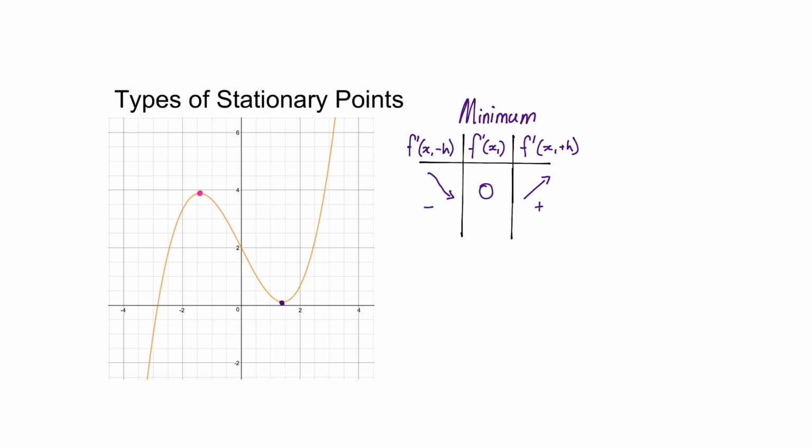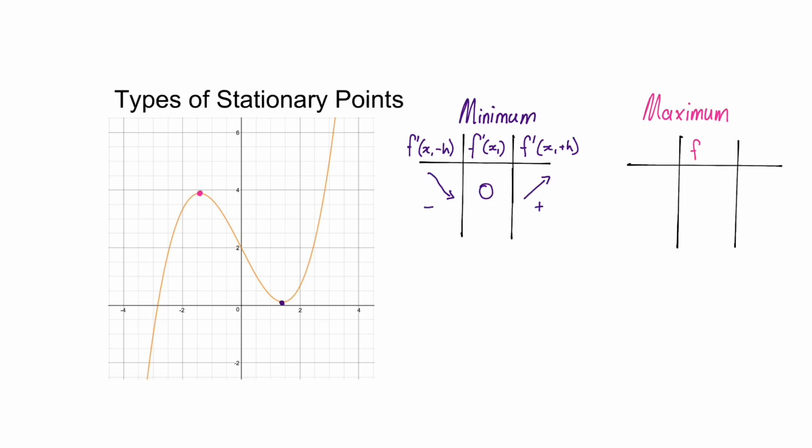Now we've found the nature of this stationary point mathematically, we can find the nature of this stationary point mathematically as well. Now, as you can see, it rises on one side and lowers on the other, so we call this a maximum point. And to find its nature, we do a similar thing. We've added in our graph, and we're going to put in our stationary point.